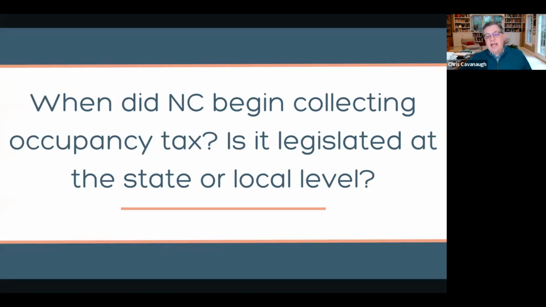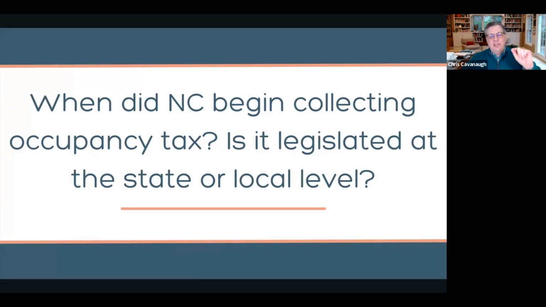If you want to do that, either modify or create it for the first time, it's legislated at the state level. And you generally only can make one change at the local level. In some communities, the county board of commissioners or the town council can adjust the level of the rate.